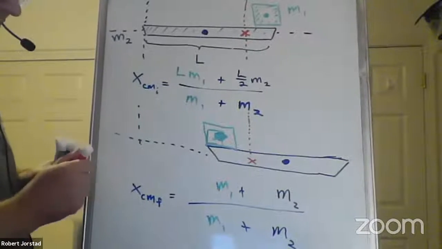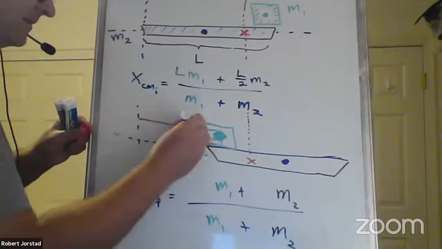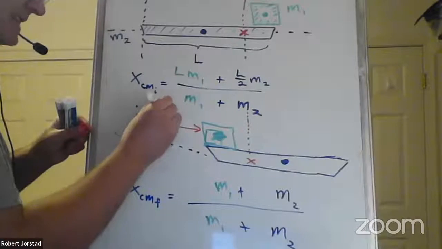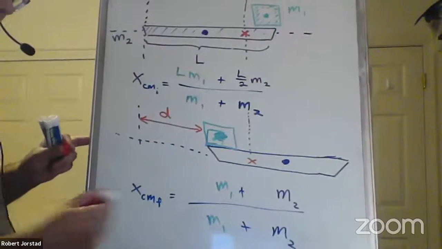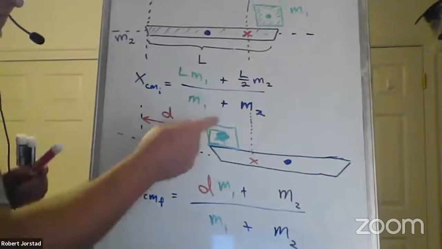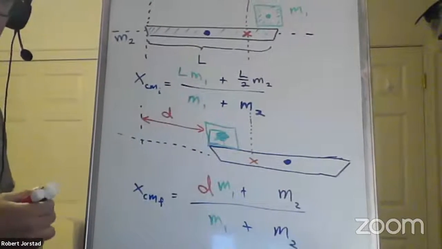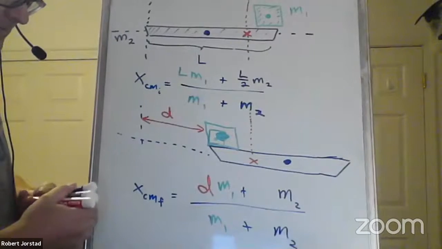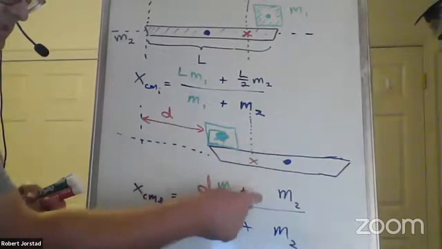Well, we could say that this distance right here, let's just call it D. So the location of M1 is D. The location of M2 is what? Where's the center of mass of M2 for this term?